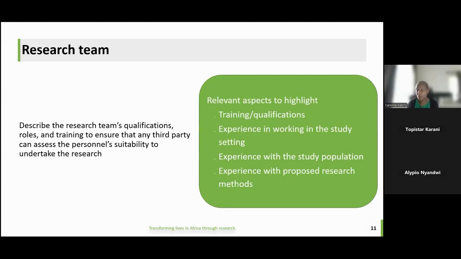So-and-so has worked extensively with adolescents, such as the ones we propose to study. And then experience with the proposed research methods, brings strong expertise in randomized control trials, in qualitative research, that sort of thing. Just so that anyone who is reading can say, okay, this is a team that is well suited to undertake this research.